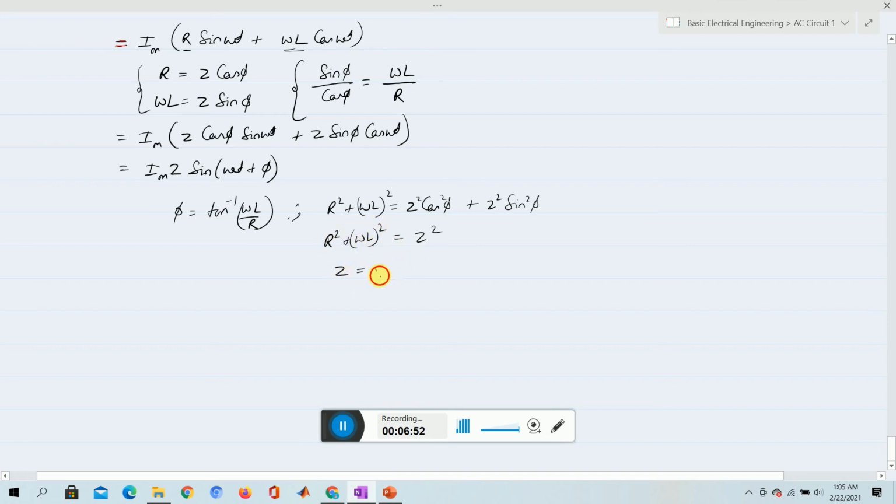So Z equals root over of R square plus omega L whole square.